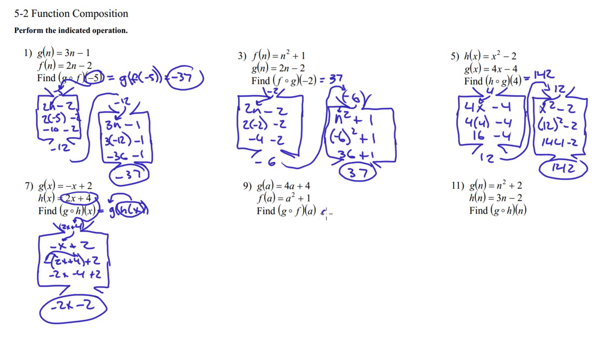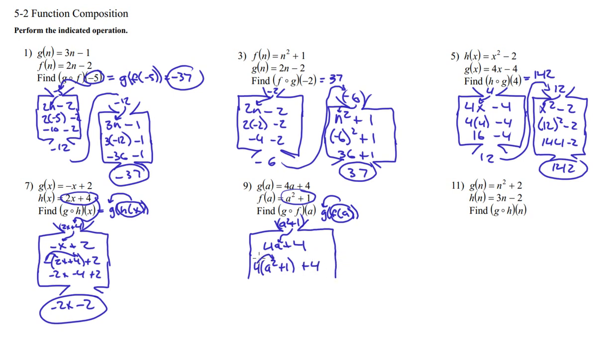So we're going to take the f of a, which is this right here, and that's going to get plugged into the g machine. So our function machine is going to start off with the g, which is 4a plus 4. And what's going into that is a squared plus 1. Okay, so that a squared plus 1 goes in for this a here, so we get 4 times a squared plus 1 plus 4.